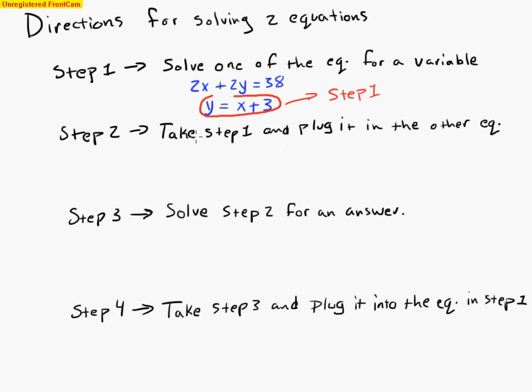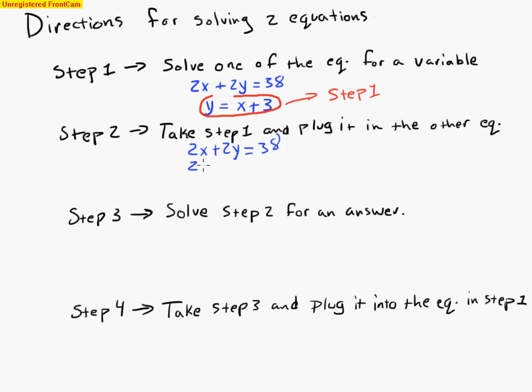Good. Step number two. Take step number one and plug it into the other equation. Oh boy. So I need to take the other equation. So I take my 2x plus my 2y equals my 38. And since this is solved for y, I'm going to be plugging into y here.